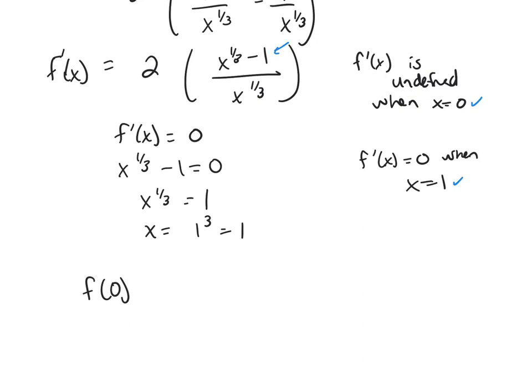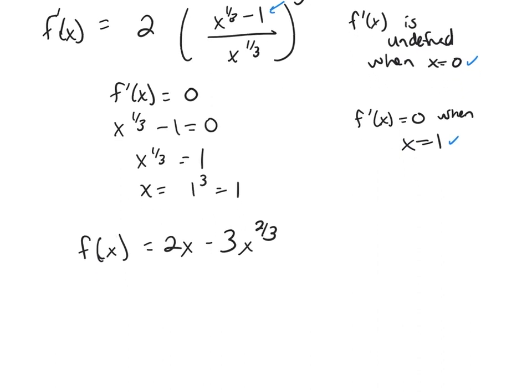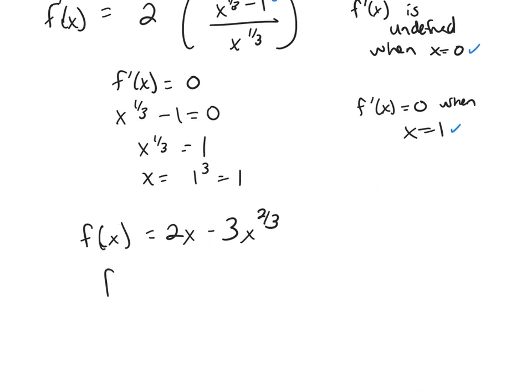So remember what f of x is. F of x is 2x minus 3x to the 2/3. So you're going to plug in 0. You'll get 0. If you plug in 1, you'll get 2 minus 3, or -1.